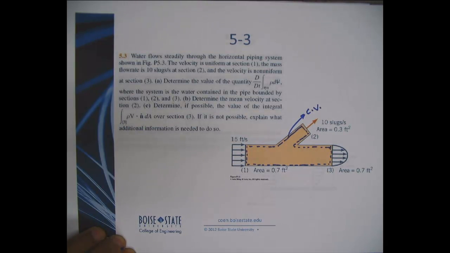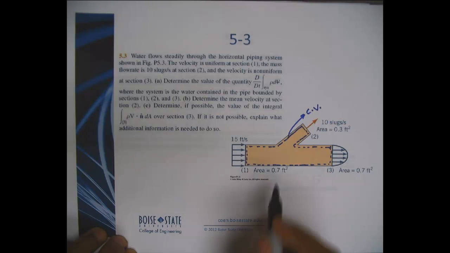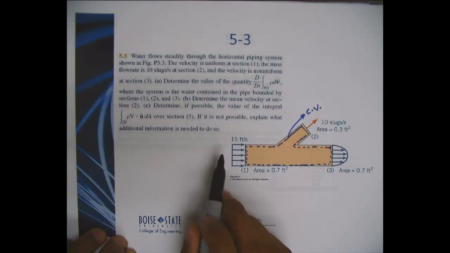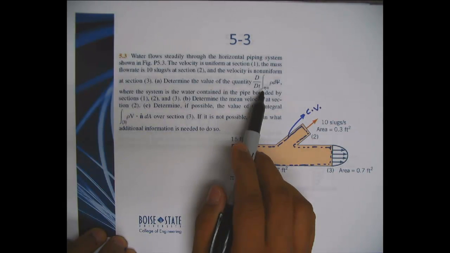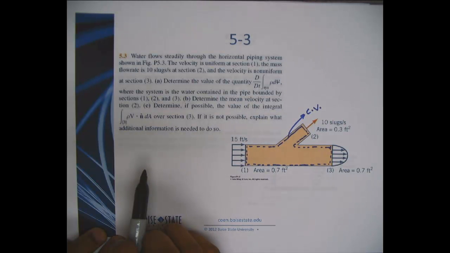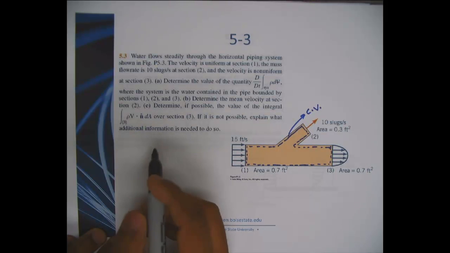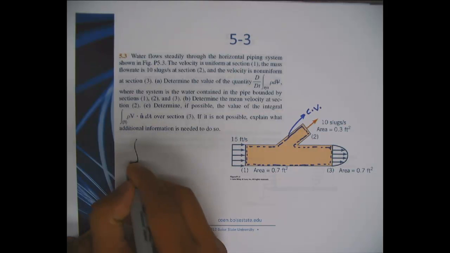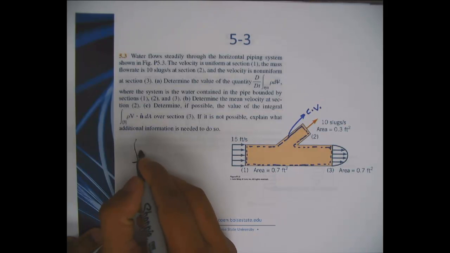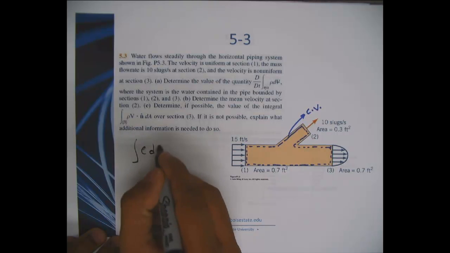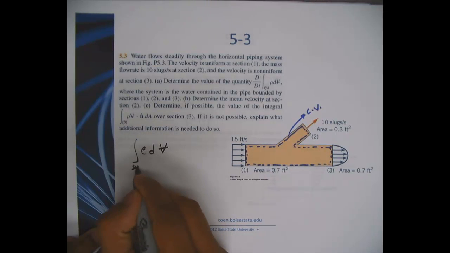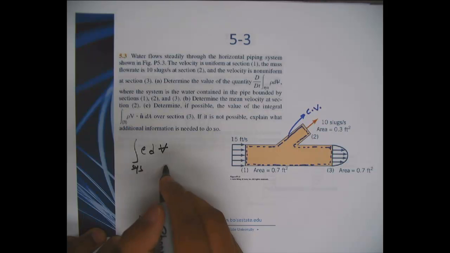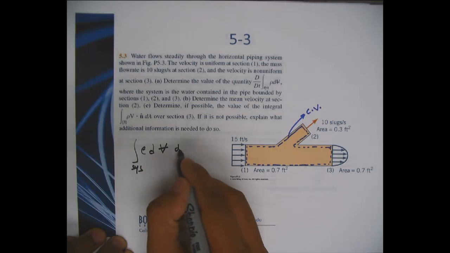So once we have that, if we look at the contents of this control volume, this asks whether there is any change with respect to time for the mass. So immediately from the conservation of mass, you can say that the integral of rho dV for the system does not change.